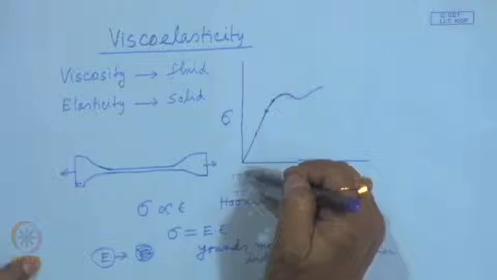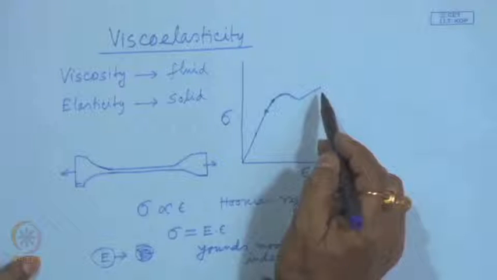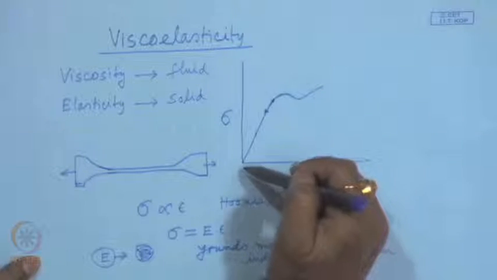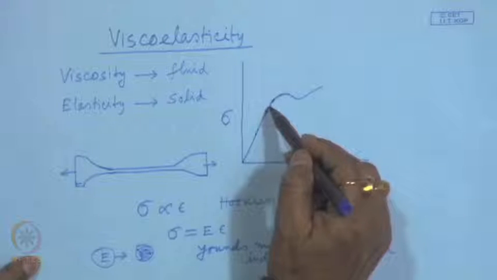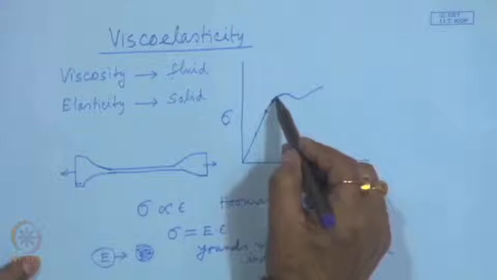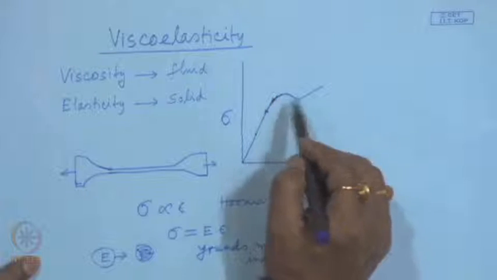So, this is a behavior of a polymeric material which shows deformation up to certain region linearly, proportionally, and beyond which it changes. Such changeover point is known as yield point.